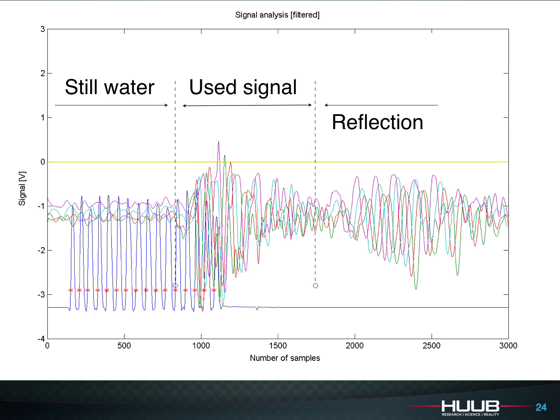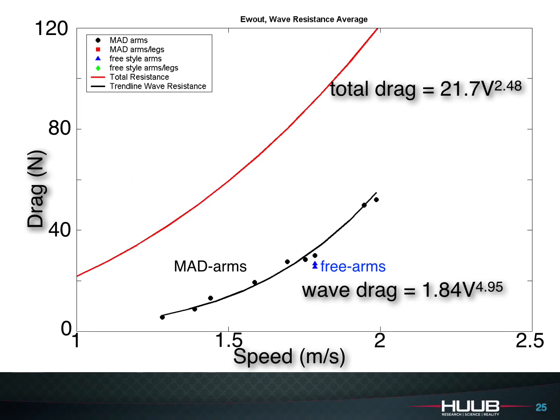So there is still water, and then there are no waves analyzed, and there is a useful signal for the wave drag, and then the reflection is ignored. Well, one way or another, we use the signal to make an estimate of how much wave drag was formed by the swimmer, and we plotted that together with the measured total drag of this swimmer. And that's given here in this diagram.